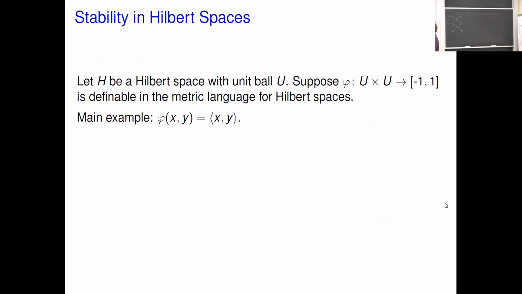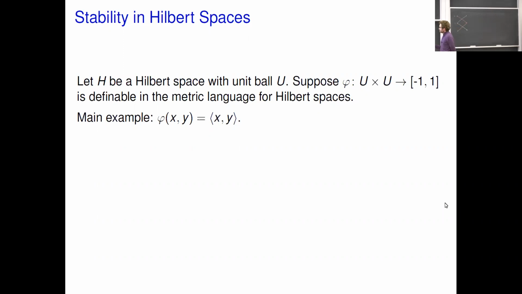For now, let H be a Hilbert space with unit ball U, and suppose I have some bipartition function phi on the unit ball into [-1, 1], which is definable in the metric language for Hilbert spaces. If that's meaningful to you, great. If not, that's okay. The main example we're thinking about for the next couple slides is the inner product function. That's the example to think about here.